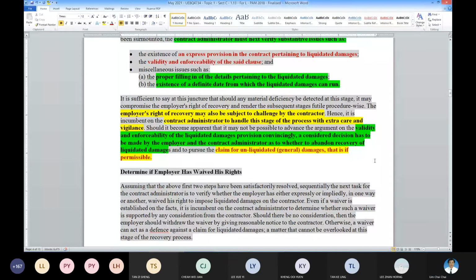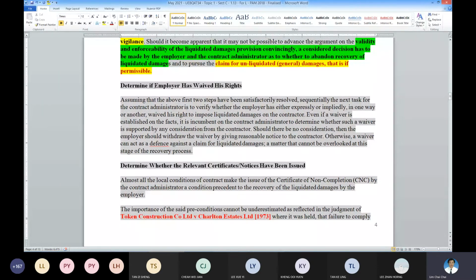So whether the employer waives the right, as I mentioned earlier, the employer is the only party that can take the money away from the contractor. The architect is the administrator of the project, to facilitate the employer's rights or to protect the employer's rights.